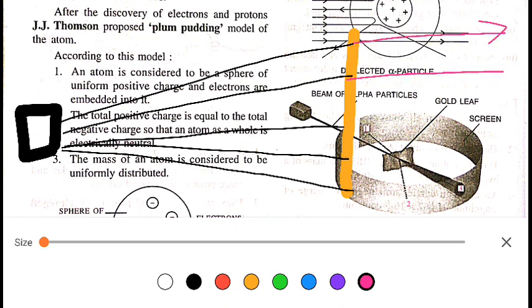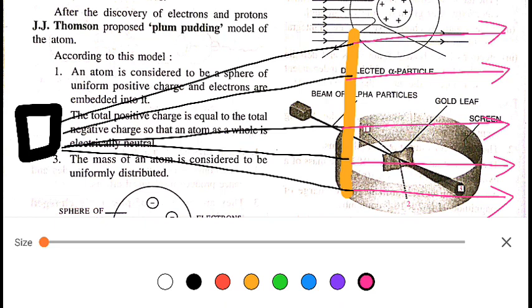Most of them were passing as they are, you can see here. When striking the gold foil, they just penetrate it and go straight without any deviation.